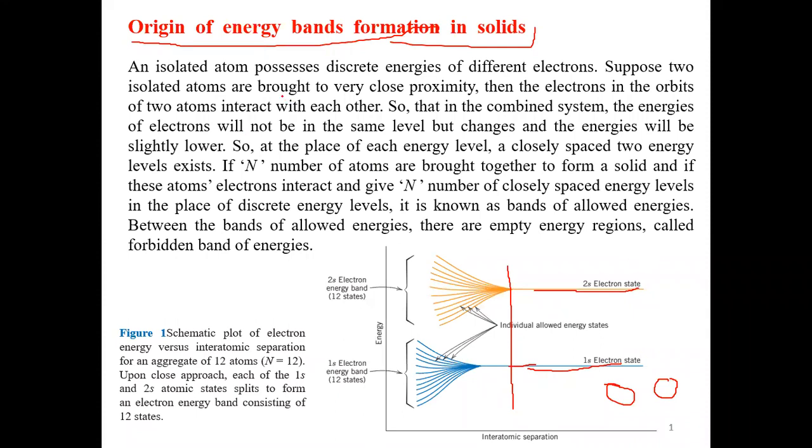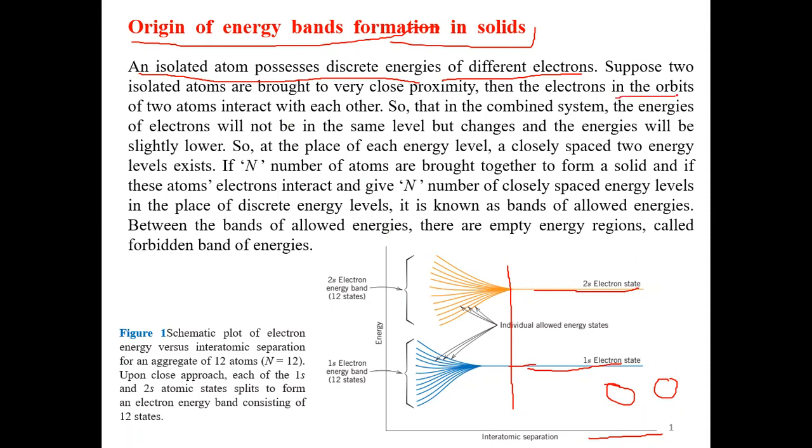So an isolated atom possesses discrete energy of different electrons. An isolated atom means that the interatomic separation is large. Suppose two isolated atoms are brought very close to each other.